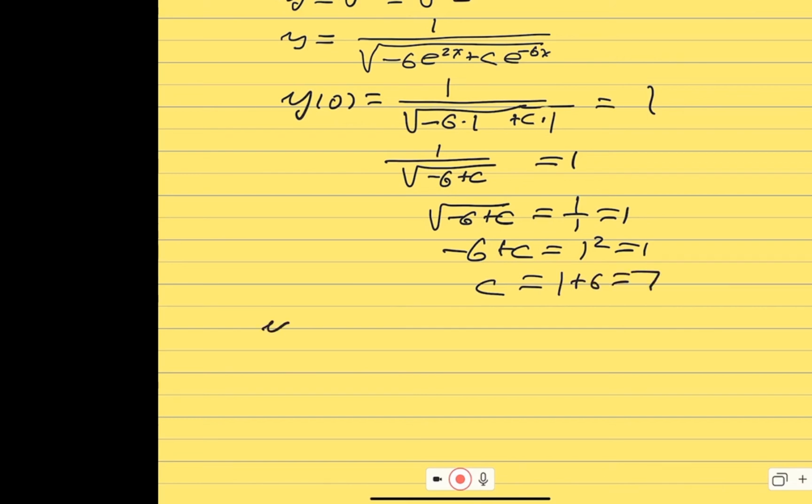So the particular solution for the initial value problem is y of x is 1 over the square root, c is 7, let's put that positive term first, 7e to the minus 6x minus 6e to the 2x. And we've got it.